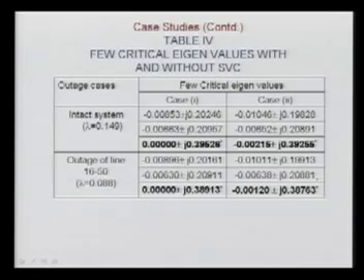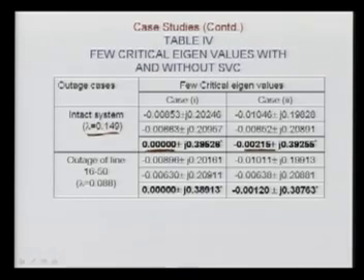But still we are improving in terms of the dynamic as well as the static margin. Few critical eigenvalues you can see. For the intact system, at this loading, this value becomes zero, a Hopf bifurcation. However, in case 2 where you put the SVC, you are getting 0.01. So this is without and this is with.